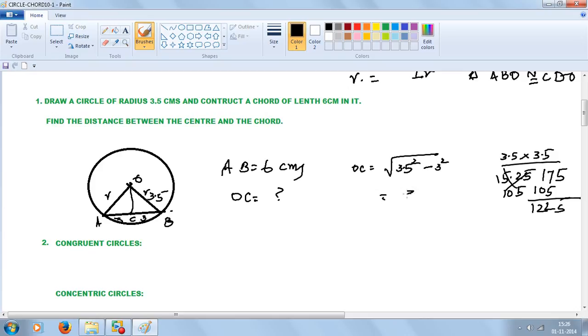So the difference is 3.25, root of 3.25.